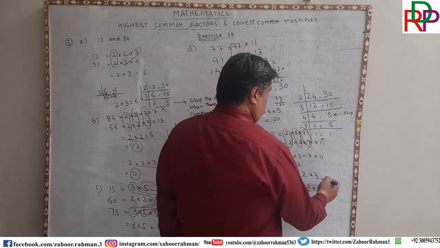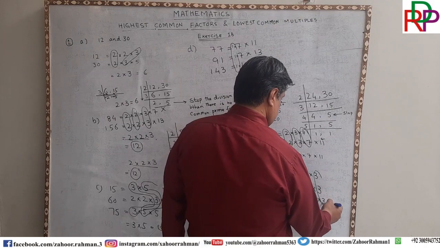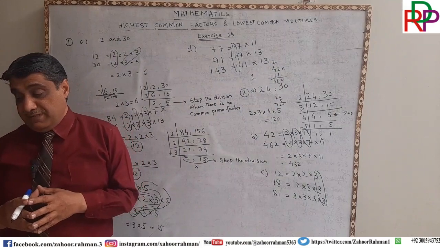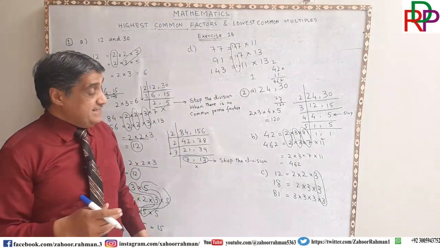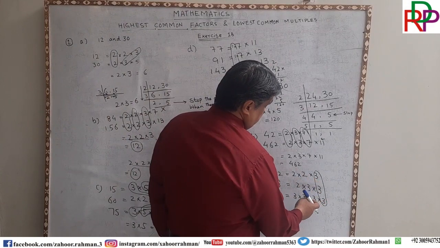Okay, from this side, if I am starting, so this 3 is the common, and there are other 3s as well. 1, 2, 3.